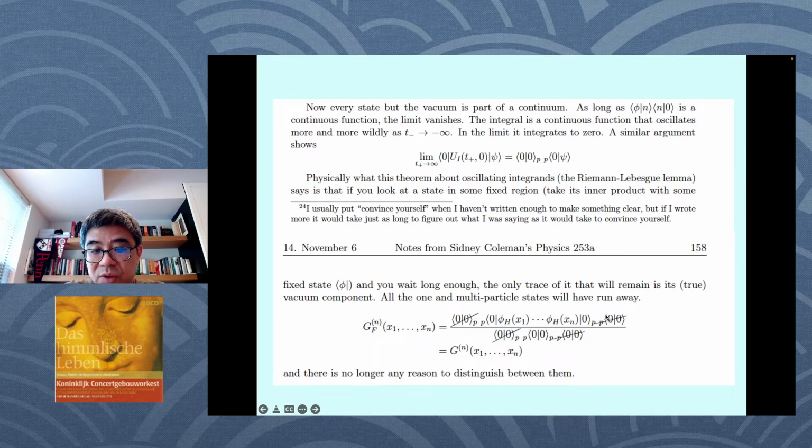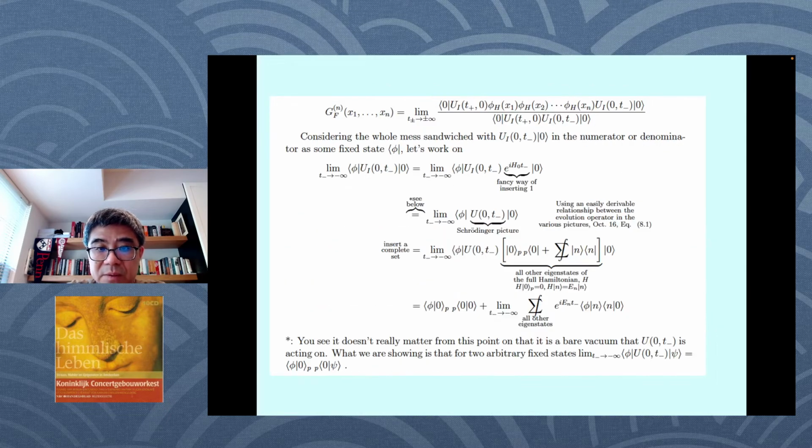However, these two we can cancel out from the bottom of the formula, because at the bottom of the formula, I can do exactly the same thing as before. By sending t minus to infinity, I sandwich here a p0, 0p, 0p, p0.